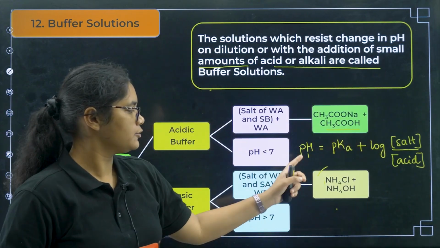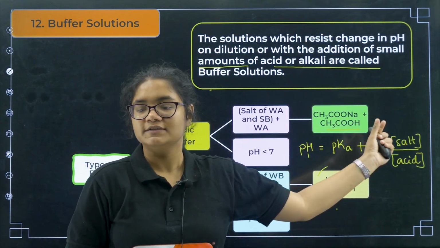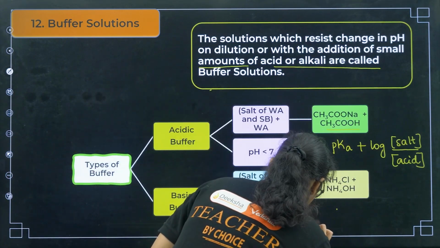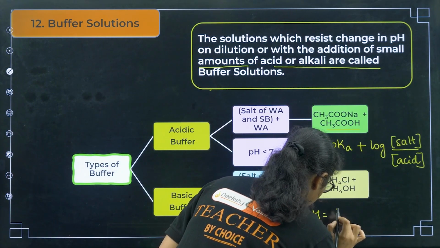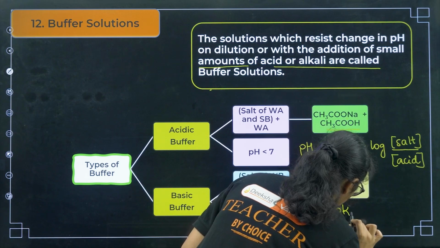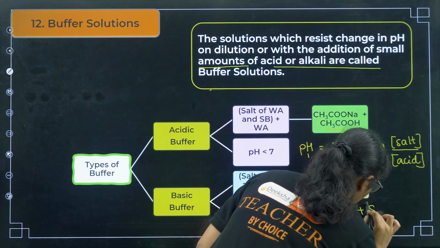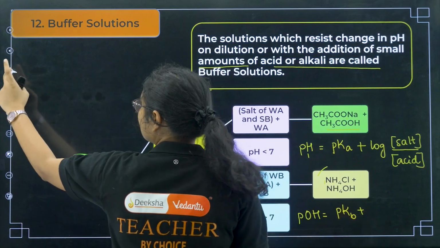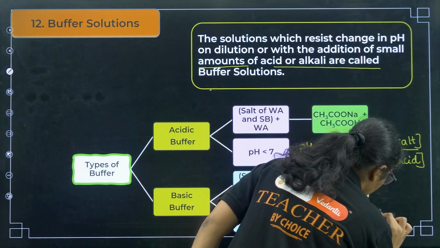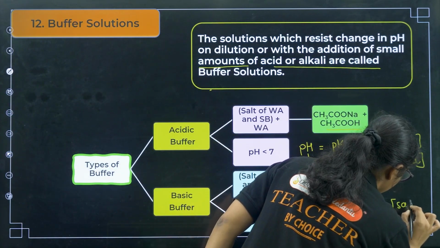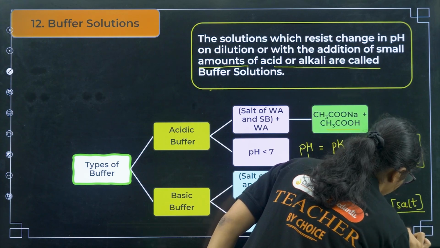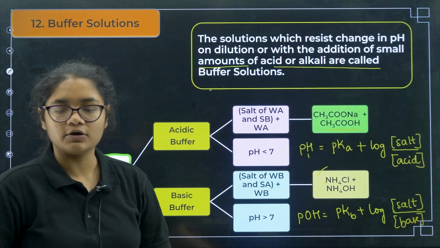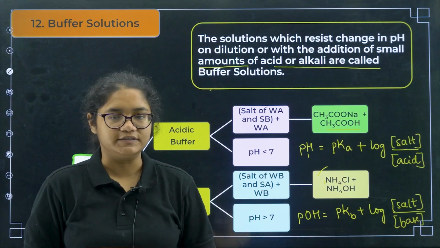And if I want to calculate pOH for a basic buffer, it will be pKb plus log of salt concentration by base concentration.